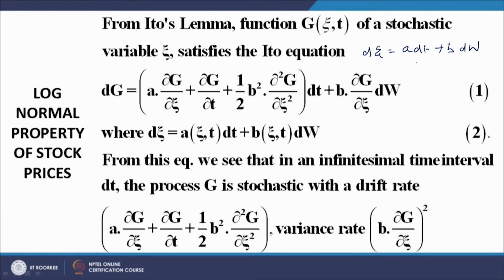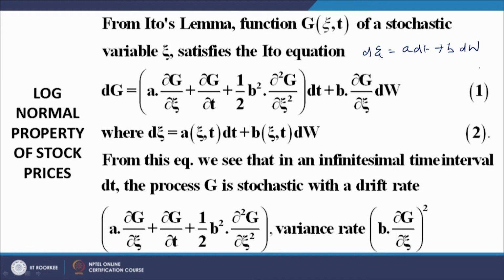This is the stochastic differential equation for xi, and g(xi, t) is a function of xi and is also an explicit function of time. Then the infinitesimal increment dg follows the stochastic differential equation given by equation number 1.